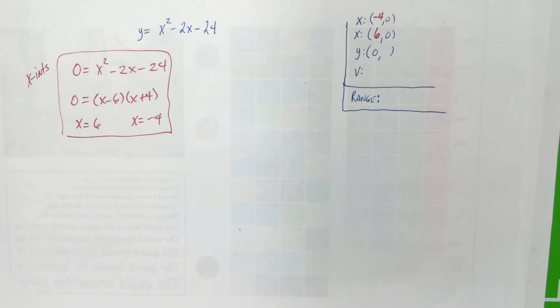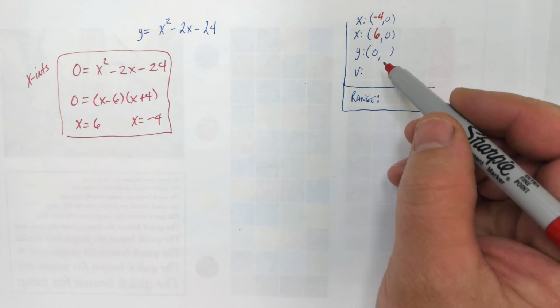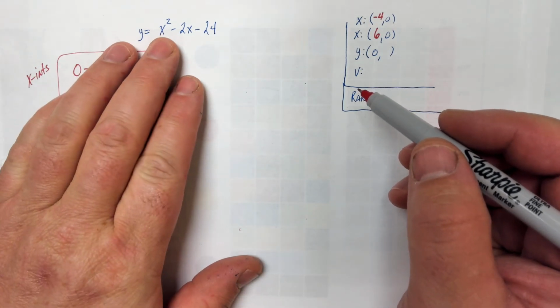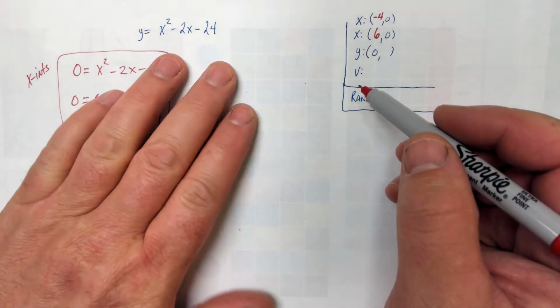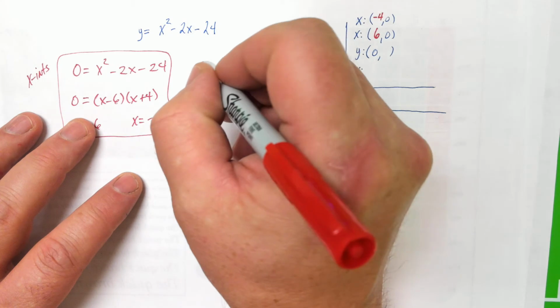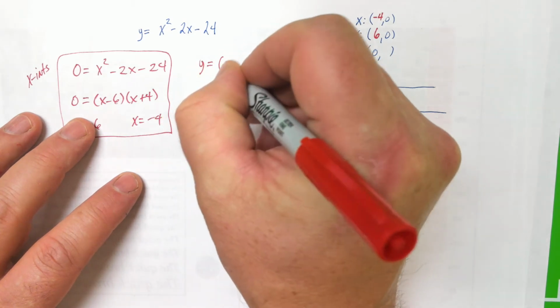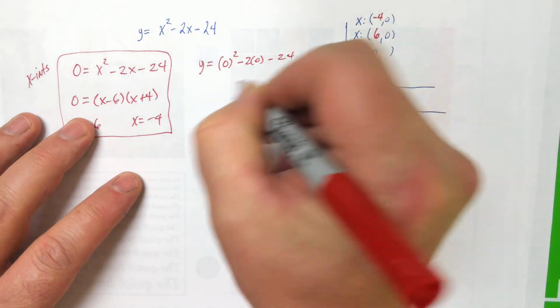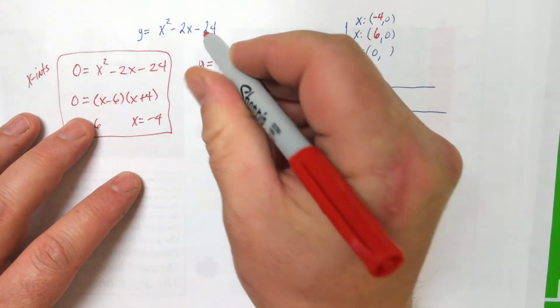Okay. Ivan, now the y-intercept is the easiest one when it's like this. Not all quadratics look like this, okay? So you've got to be careful, because sometimes they look different. But when they look like this, then you put a 0 for x, right? So watch what happens. Do you see your y-intercept is just that number right there?